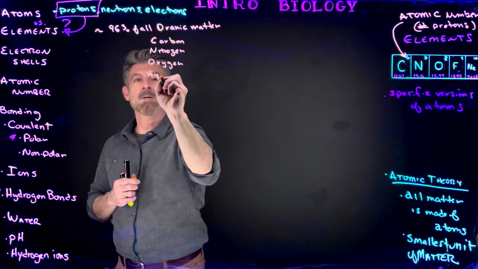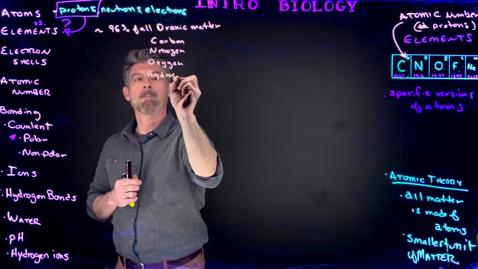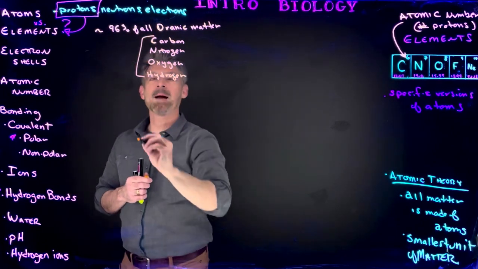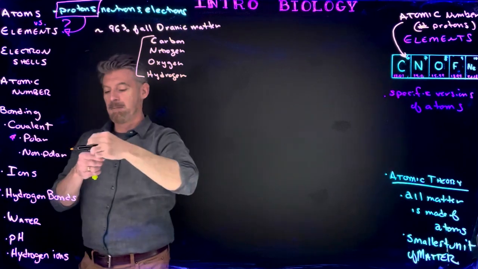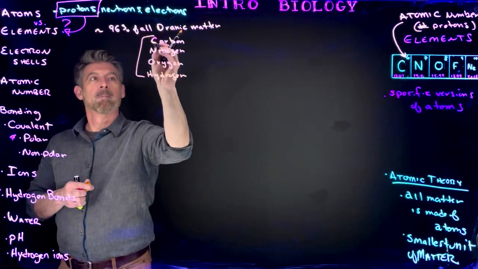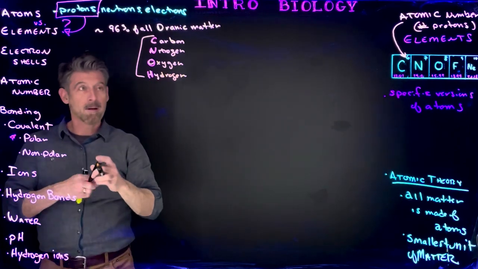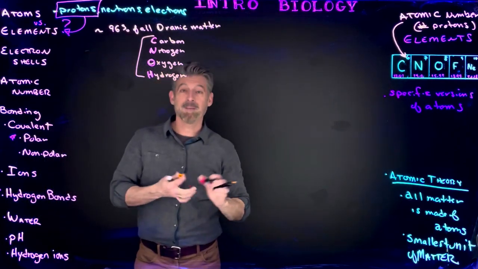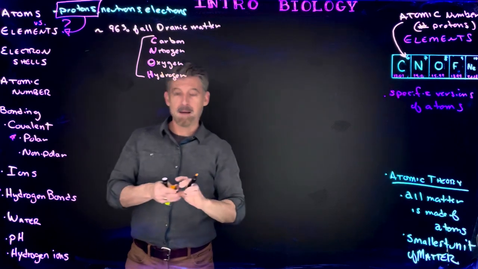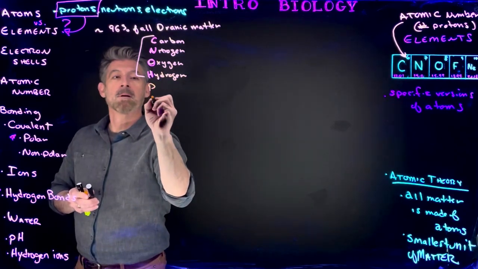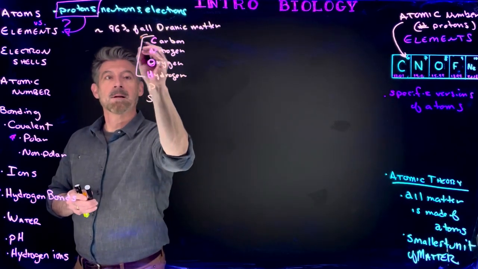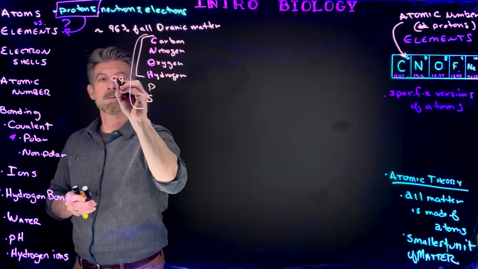So hydrogen is not over here. We'll talk about that in a little bit. All right, so these 4 elements, that's it. C, N, O, H, those 4 make up just about everything. Okay, then there's some others. If we add in phosphorus and sulfur, we kind of get up to, let's say, like 99%.